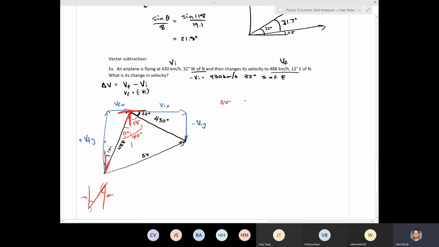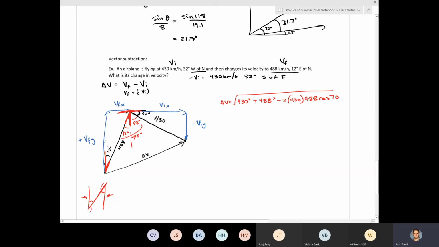So delta V is going to equal, it doesn't matter which one's A or not, 430 squared plus 488 squared minus 2 times 430 times 488 cos 70. And then we're going to square root that whole thing.